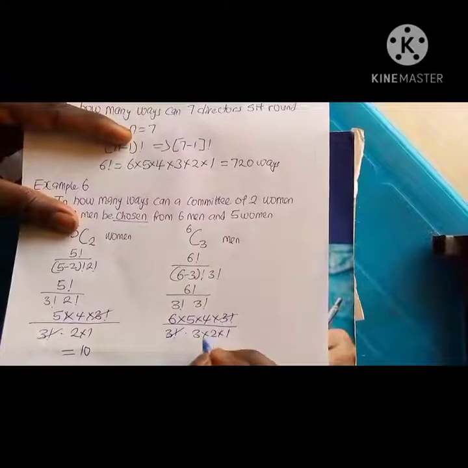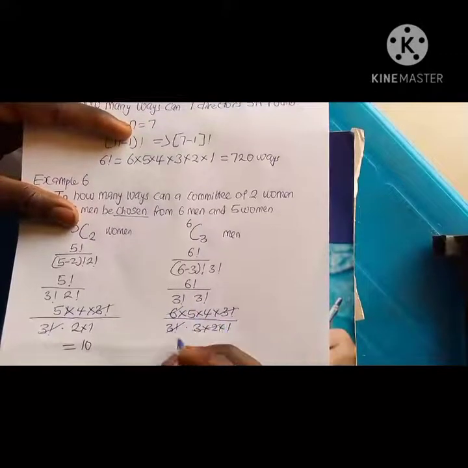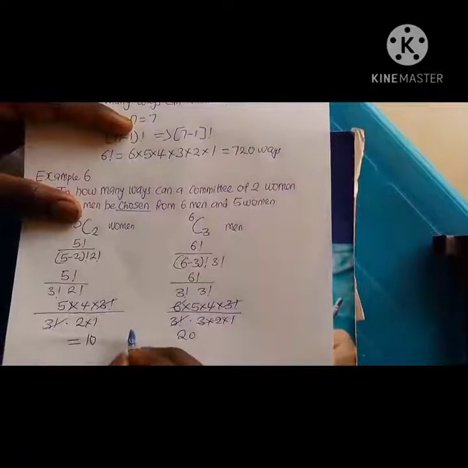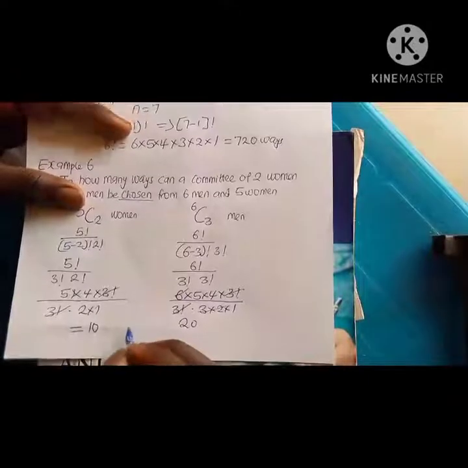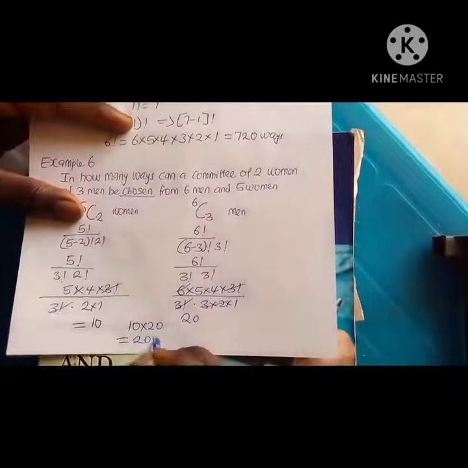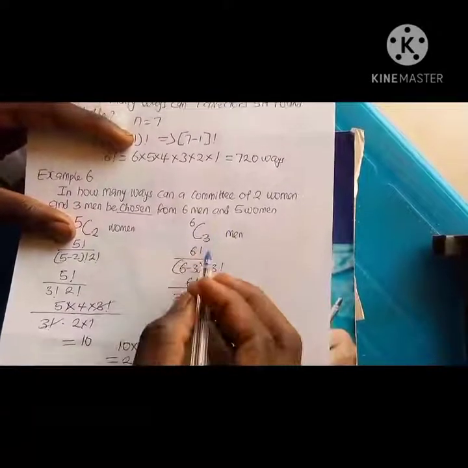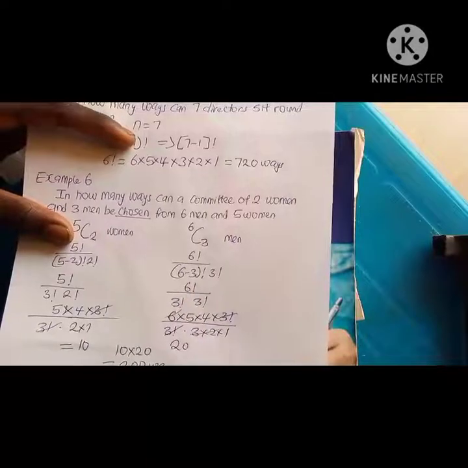So this will cancel this, and 3 times 2 is 6. So 6 will cancel 6. 5 times 4 is 20. So just bring this together and multiply them by themselves, like 10 multiplied by 20, and that's 200 ways. Why? This is the combination formula. Don't forget the combination formula we did the other time.